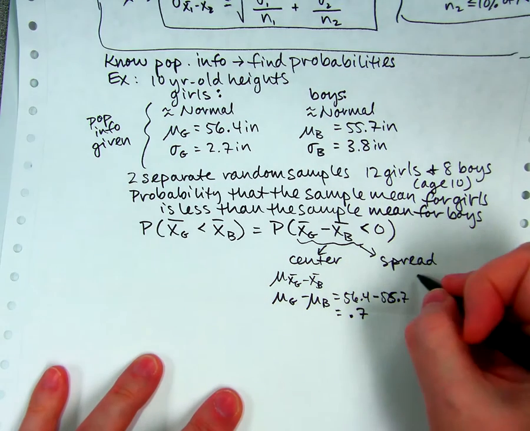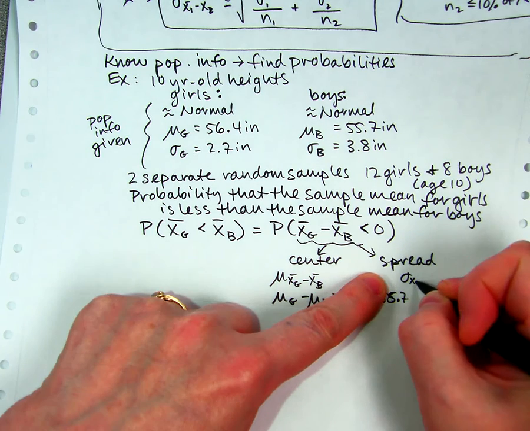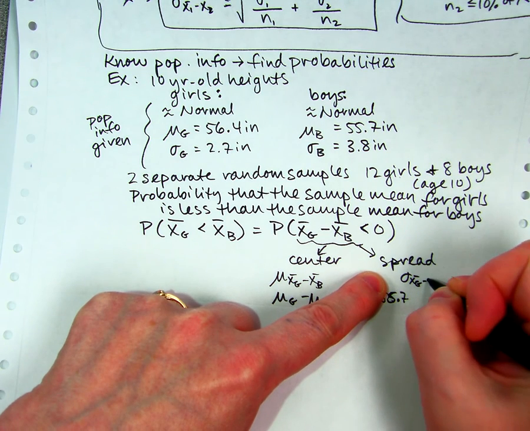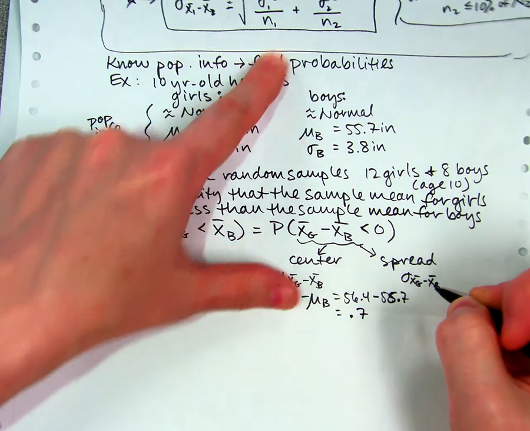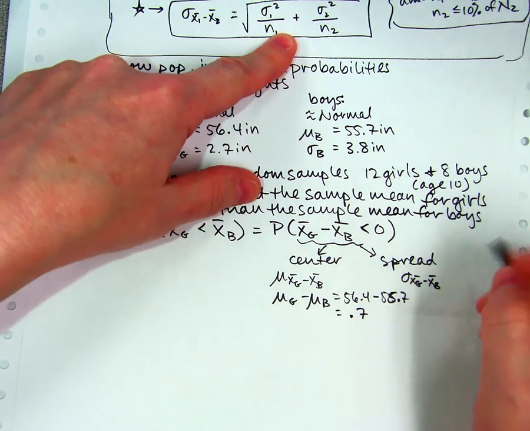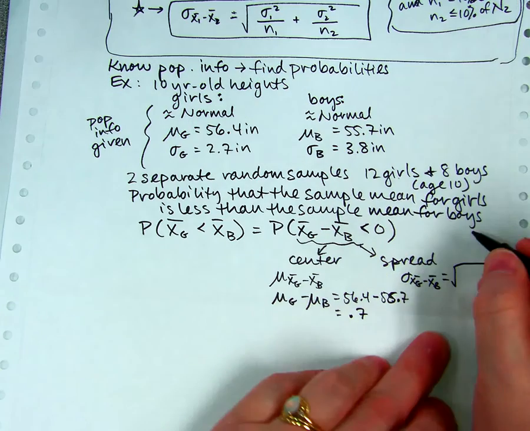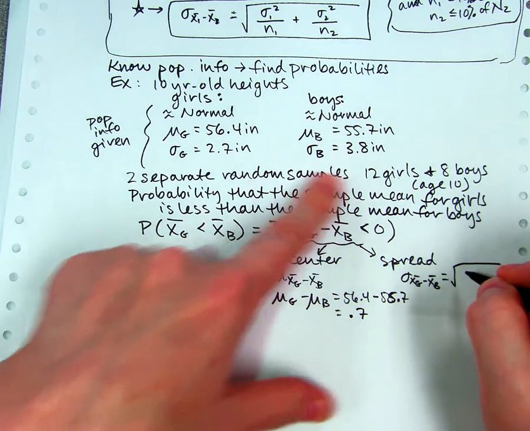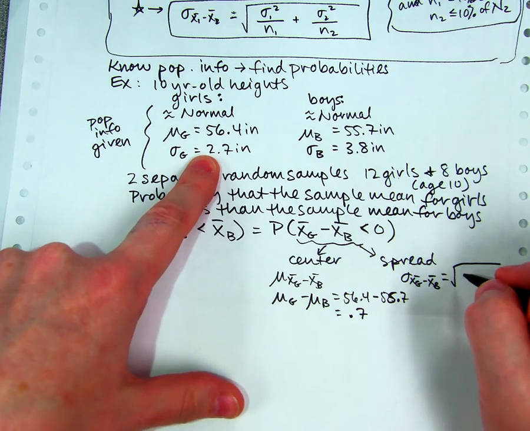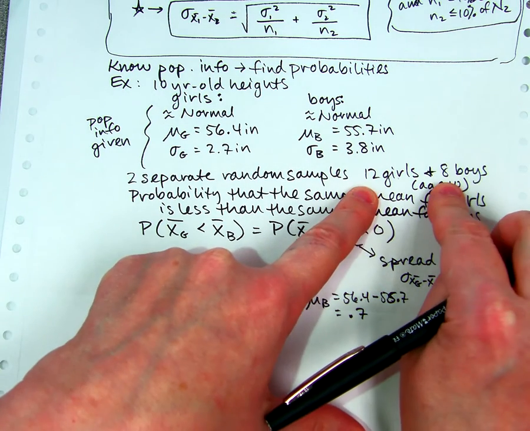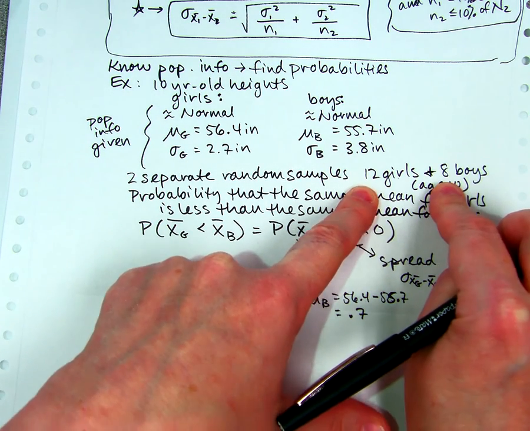The spread is sigma x bar for girls minus x bar for boys, and that's this messy formula that we just wrote down. So we're going to use that formula with the square roots in it. We can handle it, and we're going to use these two standard deviations divided by square root of n, and then squared and added together and all that.